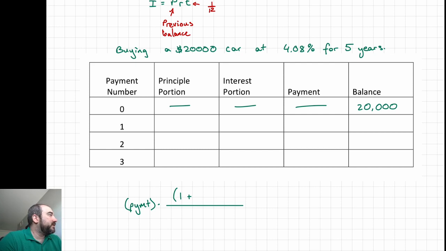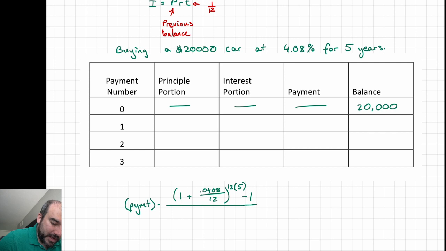So 1 plus R over N, which will be my rate, which is 0.0408, over 12, which is always our n, to the nt, which is 12 times 5, because it's 5 years.